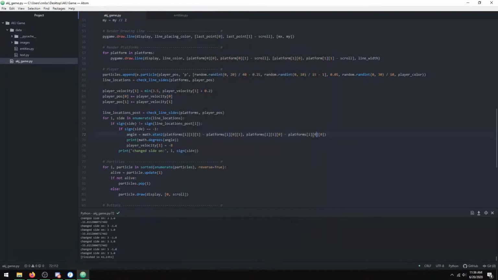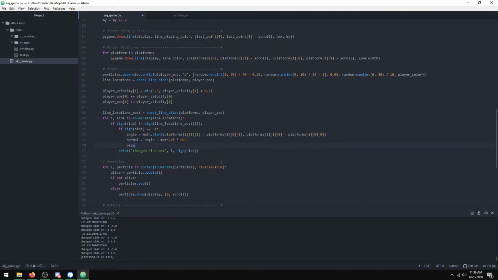So the normal is going to be minus 90 degrees. So normal equals angle minus math.pi by 0.5, because there's 2 pi in a circle.